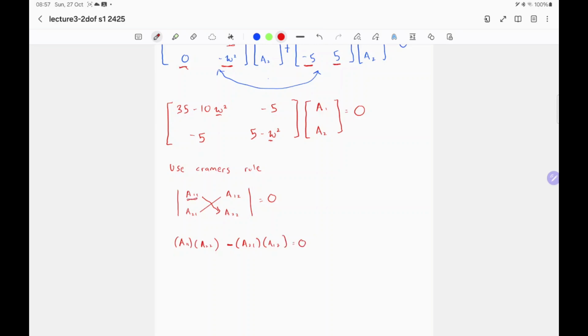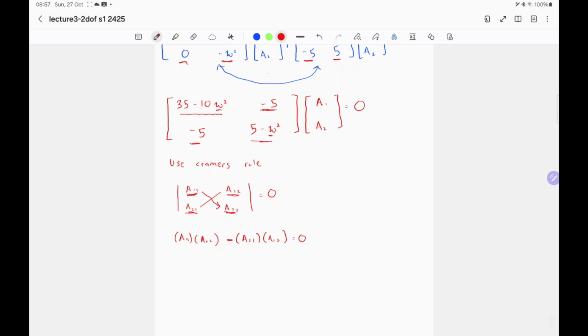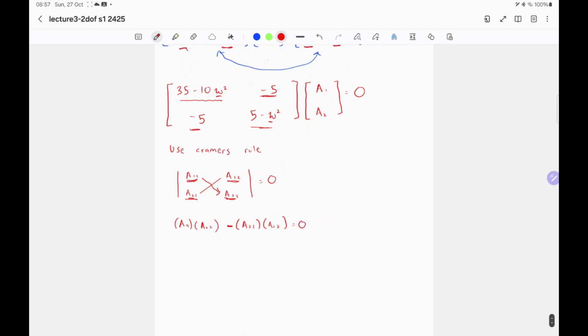So this is our A11, A12, A21 and A22. Right, so we will use Cramer's rule.